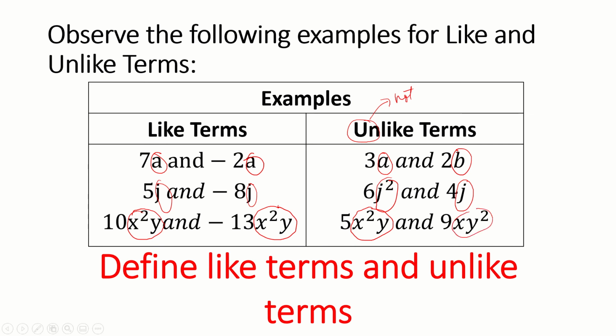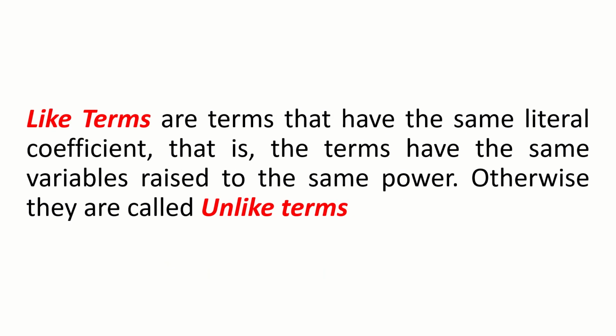So how do we define like terms and unlike terms now? When we say like terms, these are terms that have the same literal coefficient. When we say same literal coefficient, the terms have the same variables raised to the same power or exponent. Otherwise, they're called unlike terms.